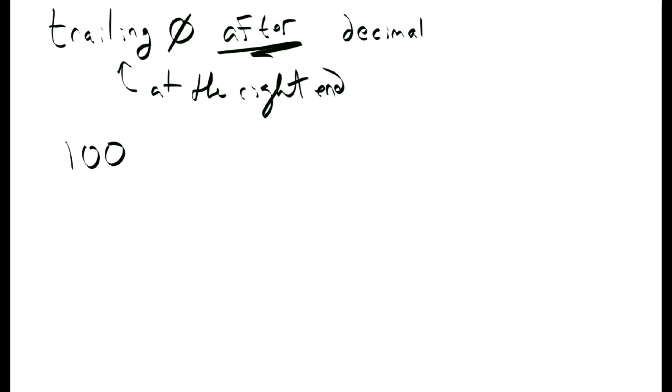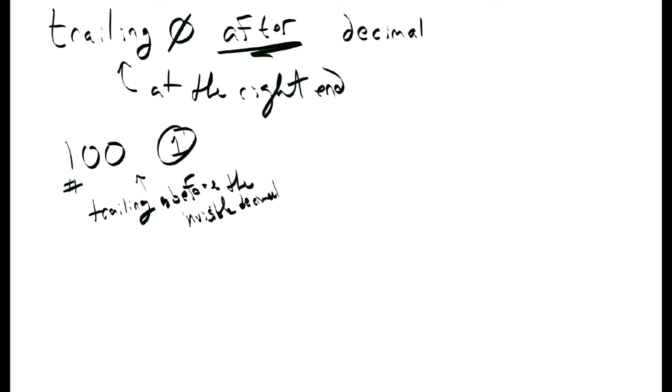So 100, non-zero number. These two, they are trailing, but they come before the invisible decimal. So they are not significant. That's why it only has one sig fig. On the other hand, 100.0 has 4 sig figs.